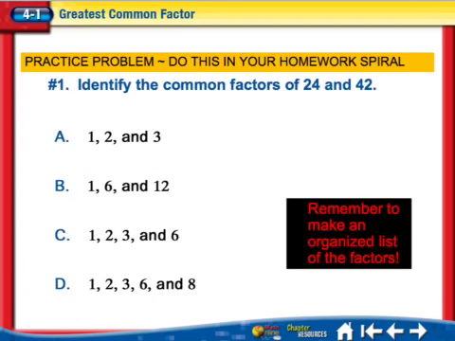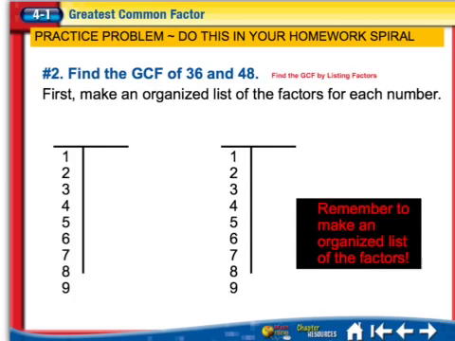Okay, here's a practice problem for you in your homework spiral. Go ahead and factor out 24 and 42. Be sure to factor out using a table. Be organized. The correct answer for this is C. Go ahead and try this one as well.